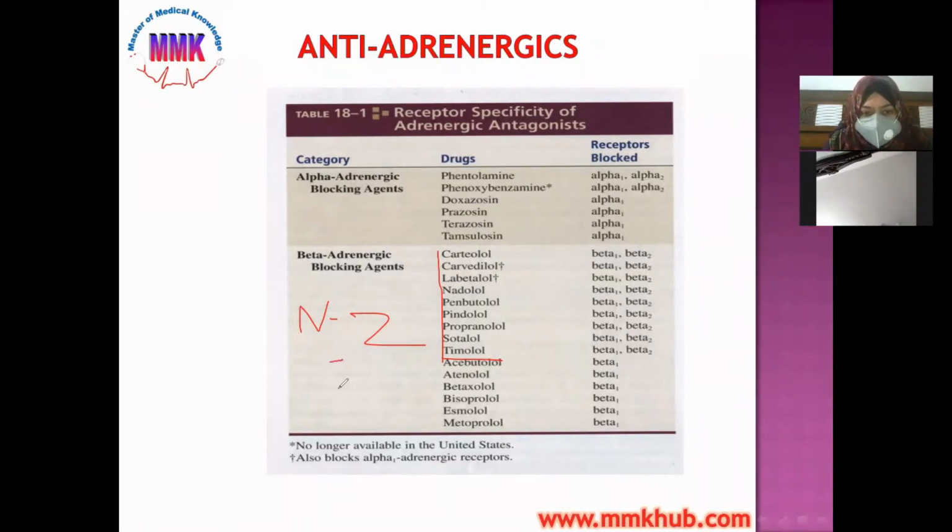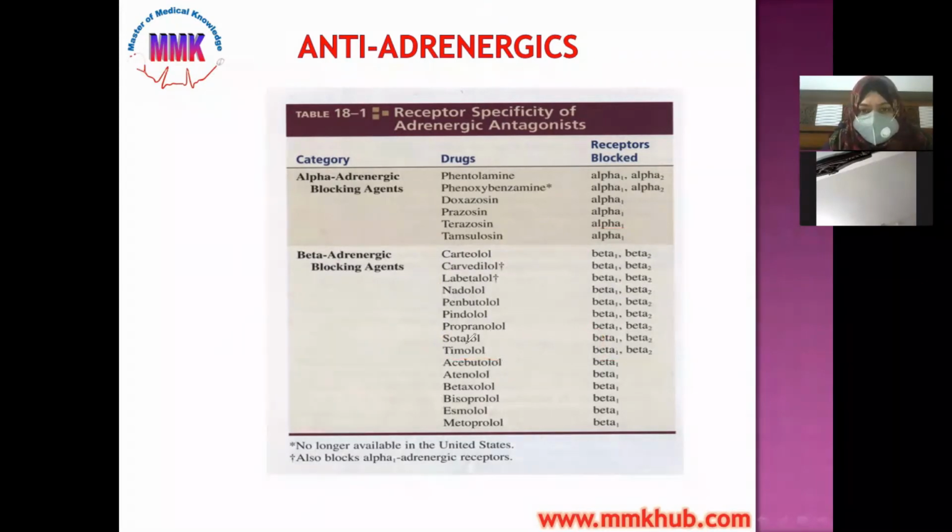As you can see over here, labetalol, nadolol, penbutolol, pindolol, propranolol, sotalol, timolol, all of these come after the letter N or from the letter N, right? So you can easily remember that these drugs are beta non-selective blockers. And when I say except the letter C, over here you can see that it is celiprolol or carvedilol, right?